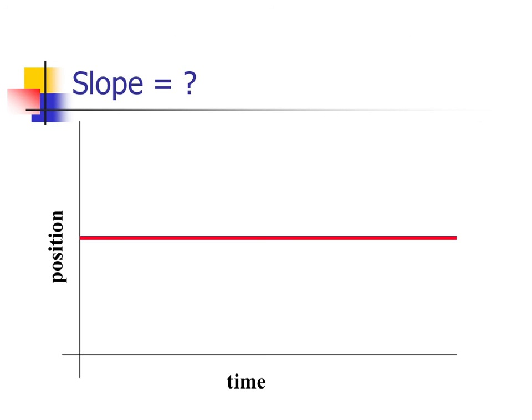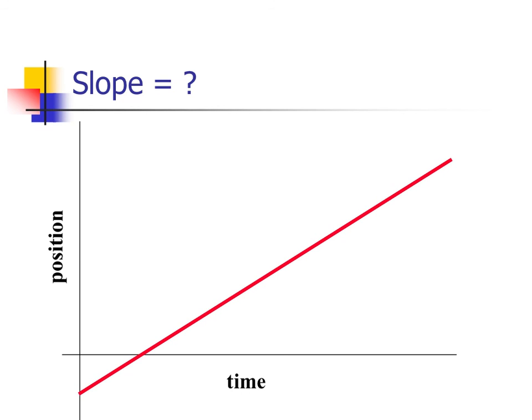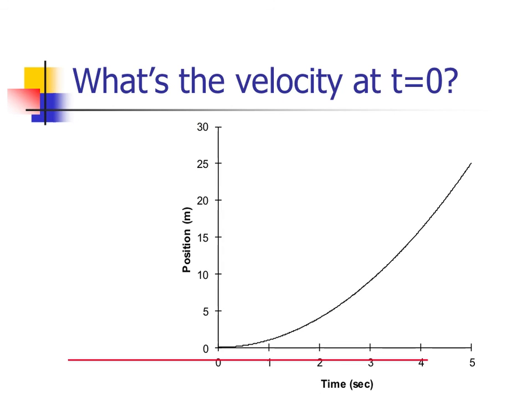So here we said the slope would be 0. Here we said the slope would be positive. Now for here, at t equals 0, slope would be 0. Whereas as far as we can see, that line right there didn't transfer very well, but the slope would be about 0.